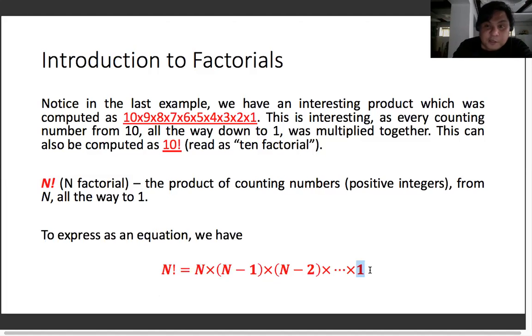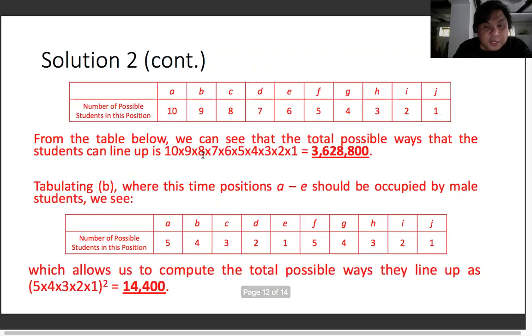Take note, the first solution was 10 times 9 times 8 times 7 times 6 times 5 times 4 times 3 times 2 times 1, which is of course 10 factorial. For the second one, we have 5 times 4 times 3 times 2 times 1. That's why we had to square it. But take note that 5 times 4 times 3 times 2 times 1 can actually be expressed as 5 factorial.